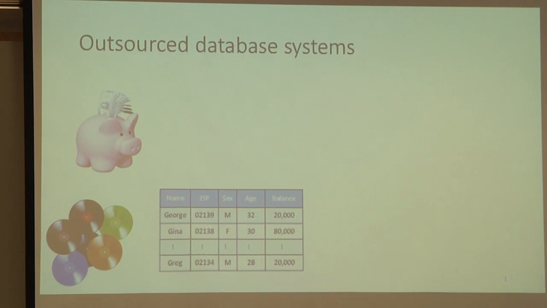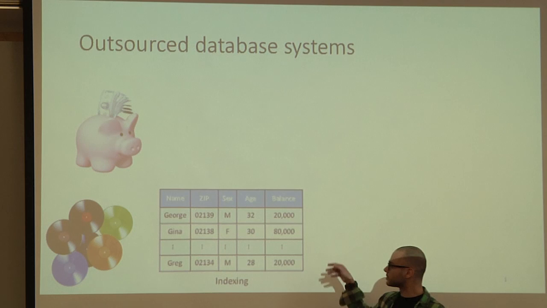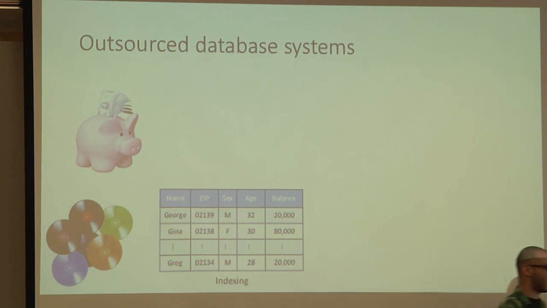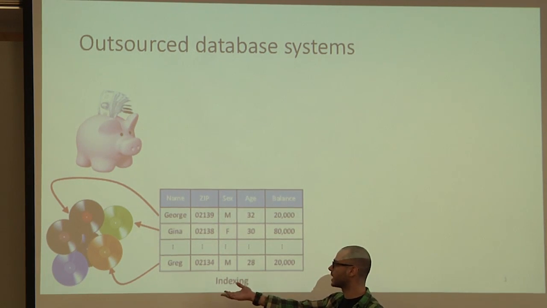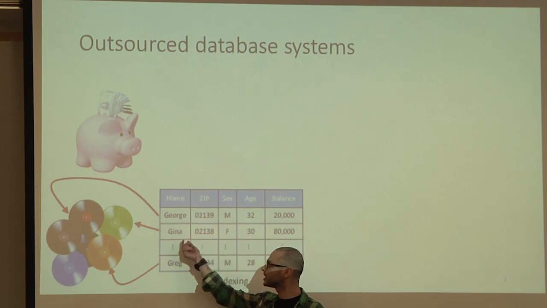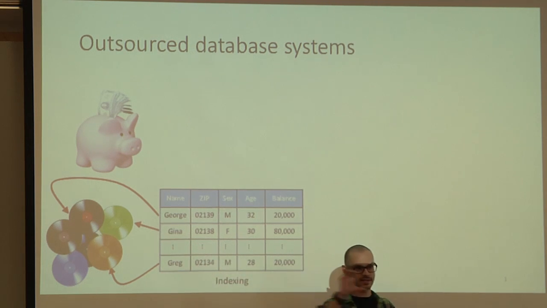In order to do that efficiently, it will create an index on some of the attributes, which will have some pointers to the real records. So when we want to find the clients that have as a first name Gina, we just have to follow the pointer and retrieve the records.